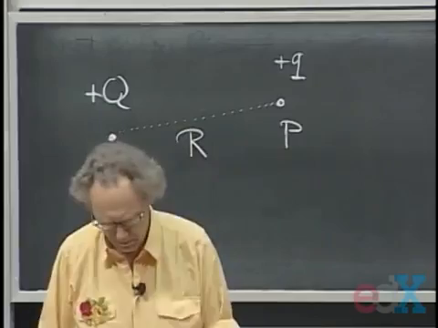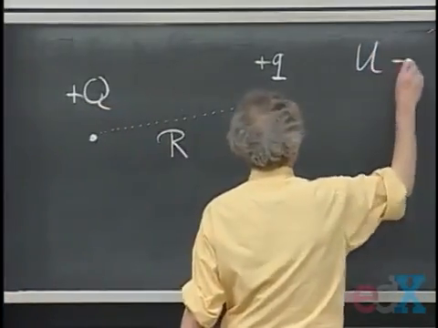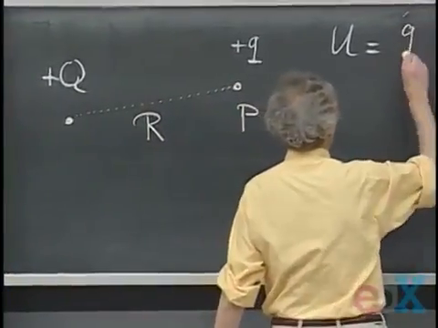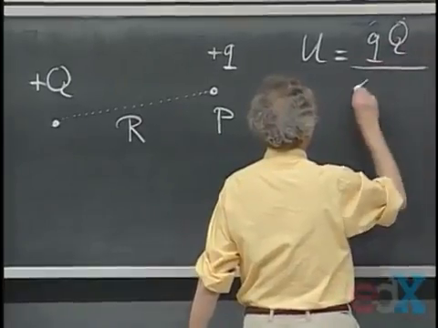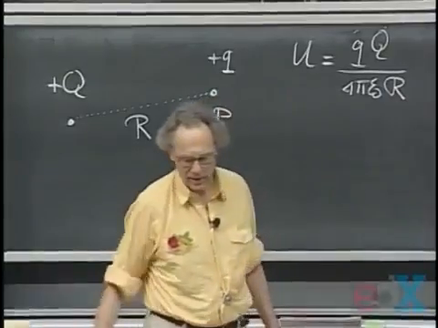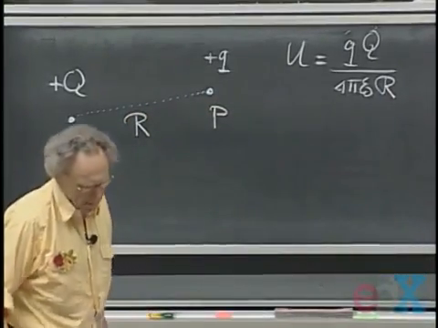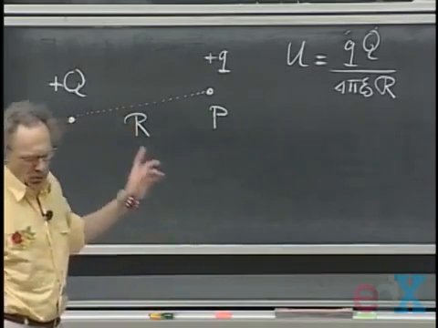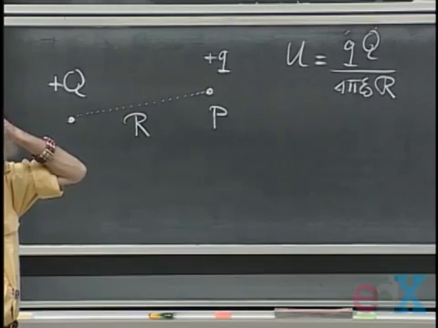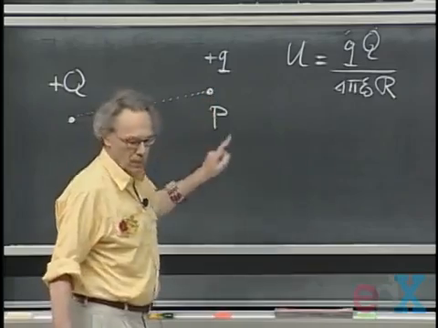Make it positive for now, you can change it later to becoming negative. And so the electrostatic potential energy, we just calculated it, would be Q times q divided by 4 pi epsilon 0 R. That's exactly the same that we have. So the electrostatic potential energy is the work that I have to do to bring this charge here.